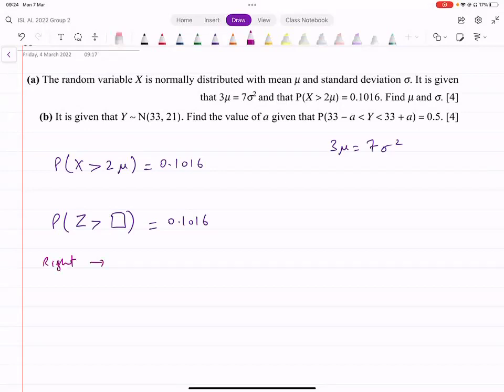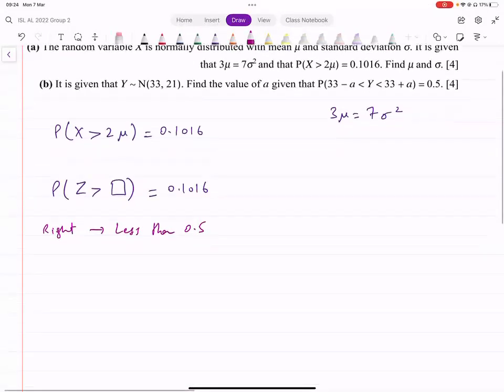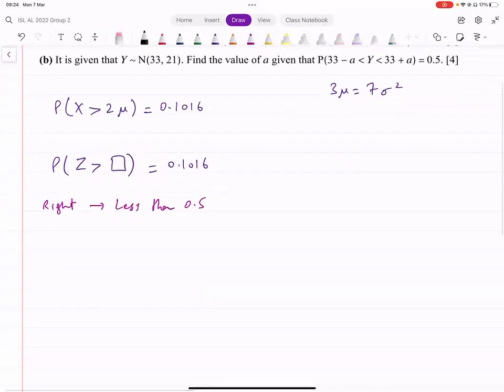Is it greater than 0.5 or less than 0.5? It's less than 0.5. Right side वाला area छोटा है, right? तो z कहाँ पे होना चाहिए? Should it be positive or negative? Where do we place z here?